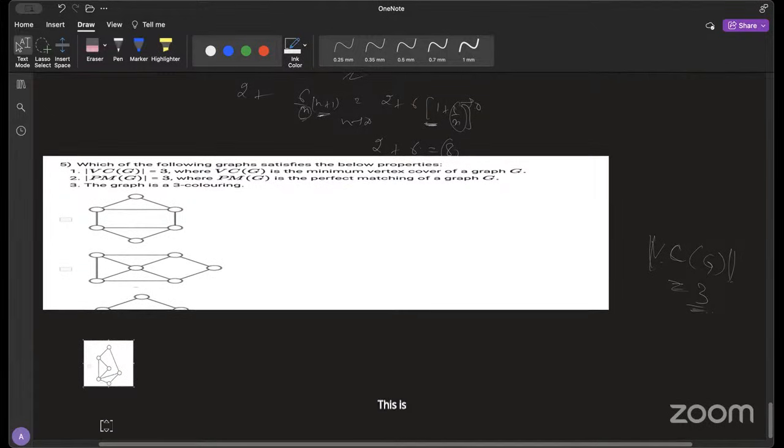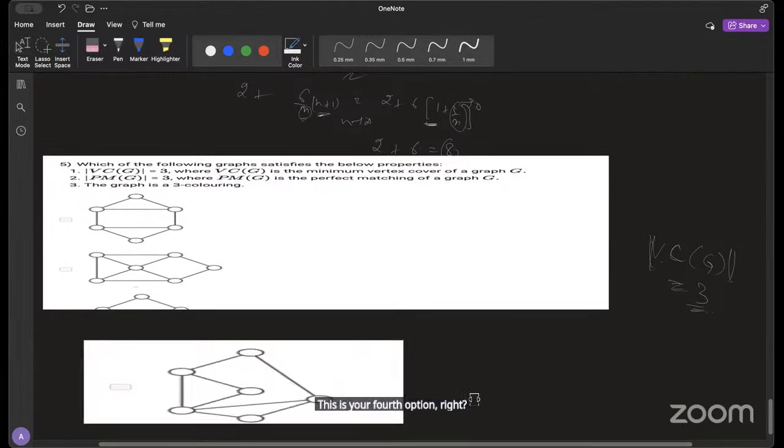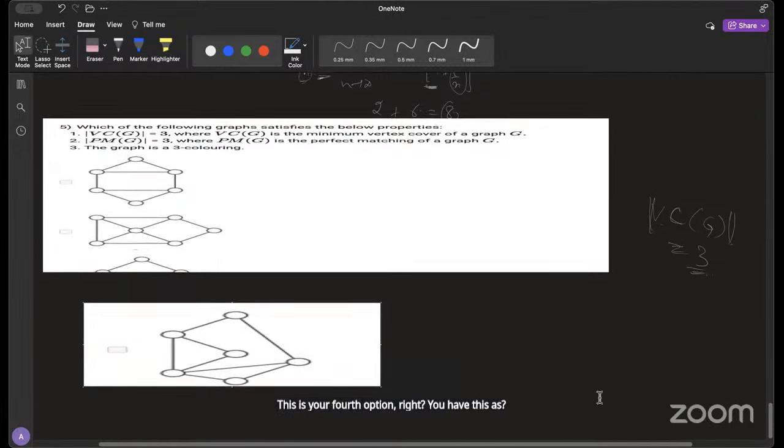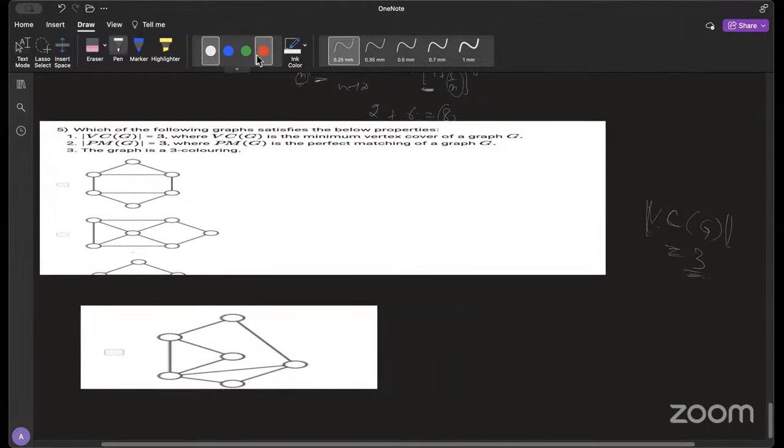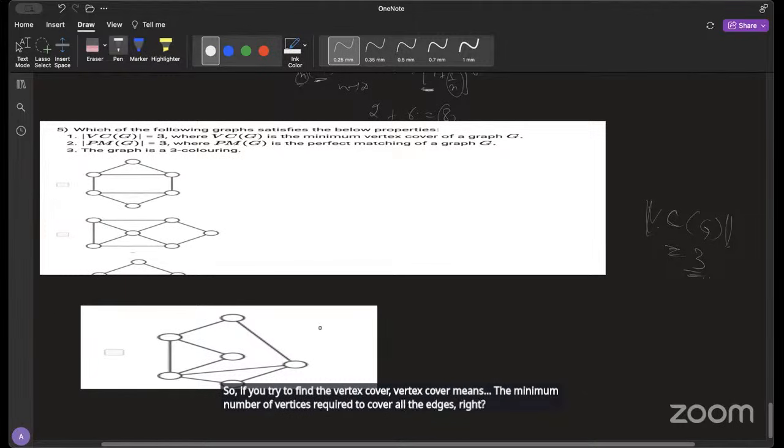This is your fourth option, right? If you try to find the vertex cover, meaning the minimum number of vertices required to cover all the edges, which two vertices cover every other edge?